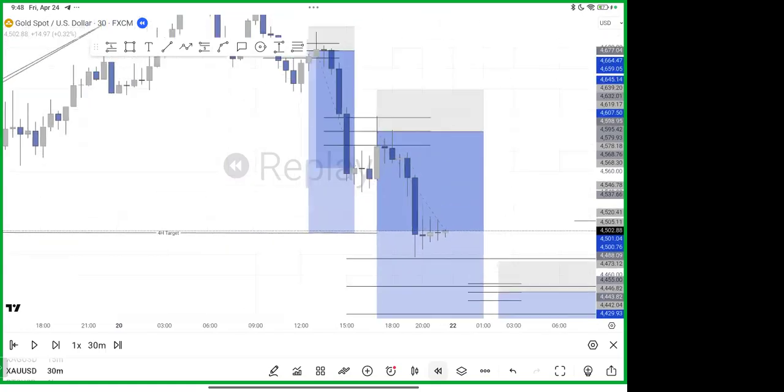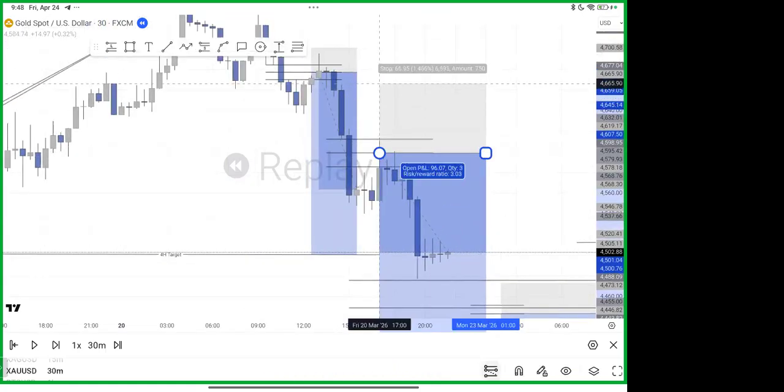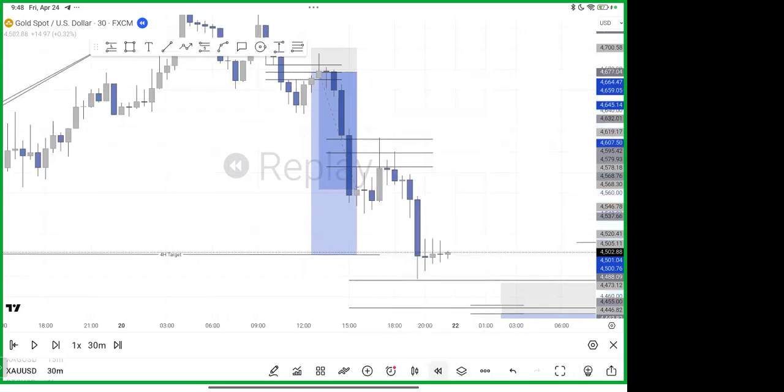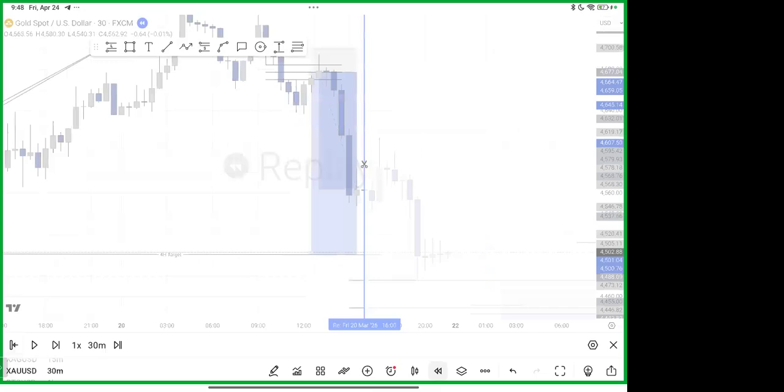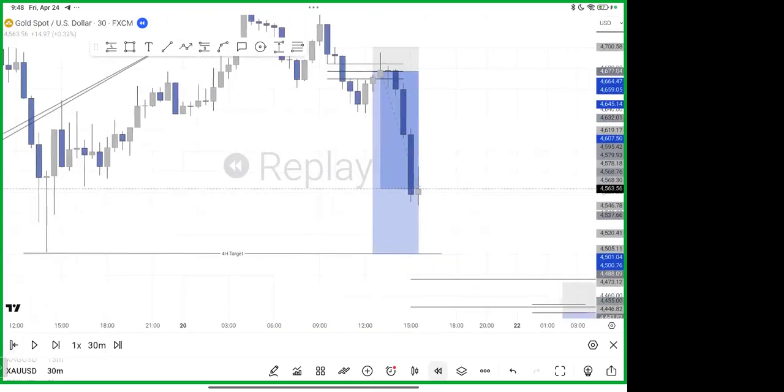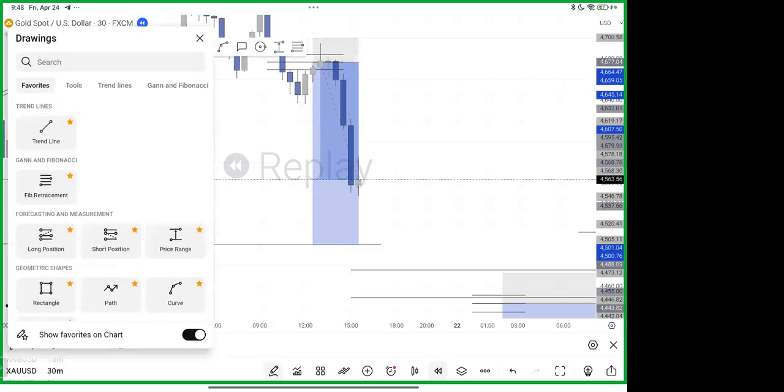On a normal day, this is where the stop loss is supposed to be. Let's do it properly. So this one is called stop loss refinement for fair value gap.